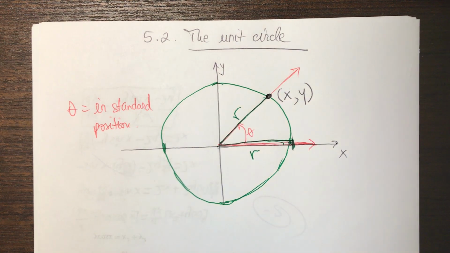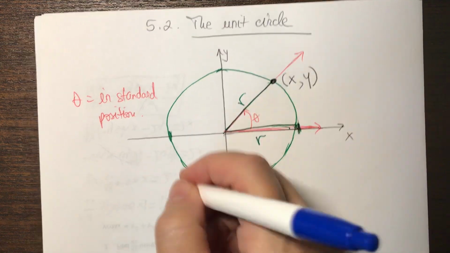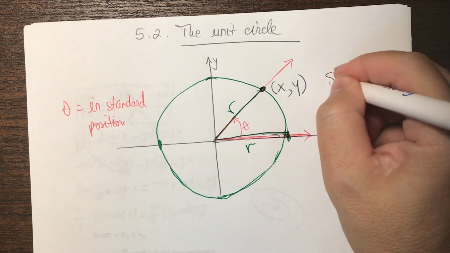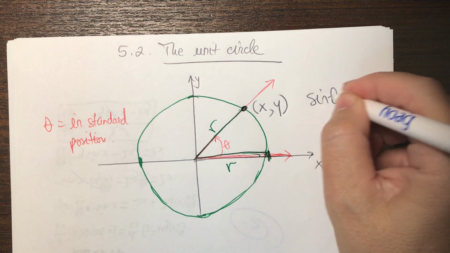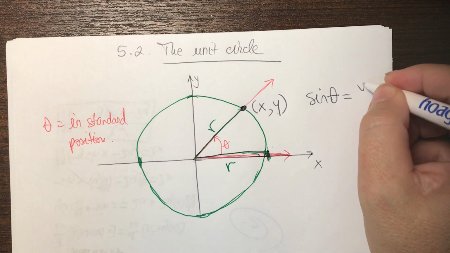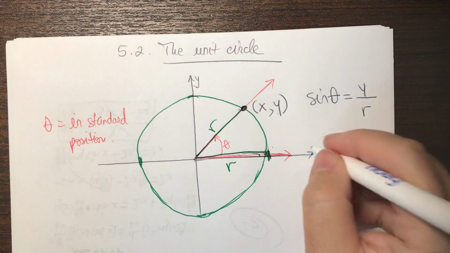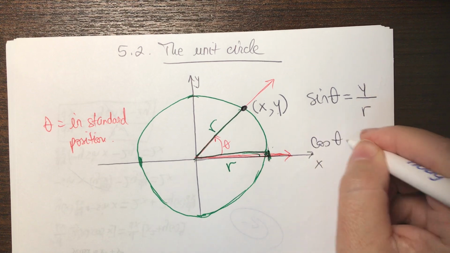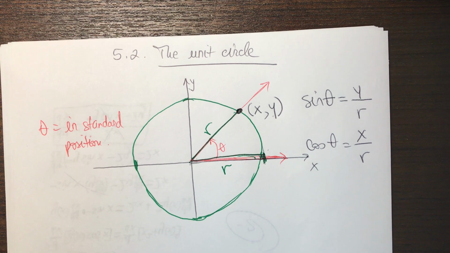Now, we simply define the sine value, and that's all we're going to be talking about in this section, just sines and cosines. The sine value of this angle theta is simply the y-coordinate of this intersection point divided by the radius. And the cosine value of this angle theta is the x-coordinate divided by the radius, okay?